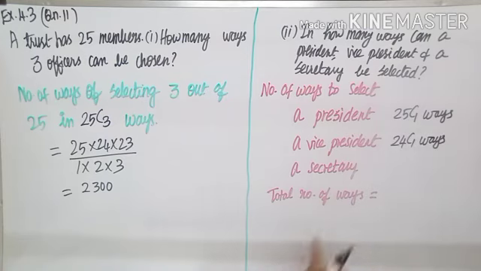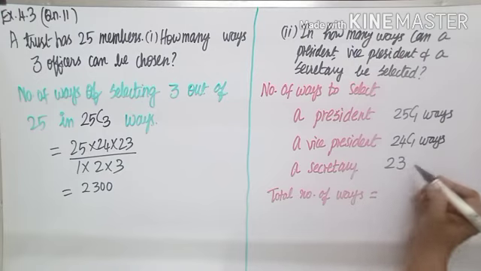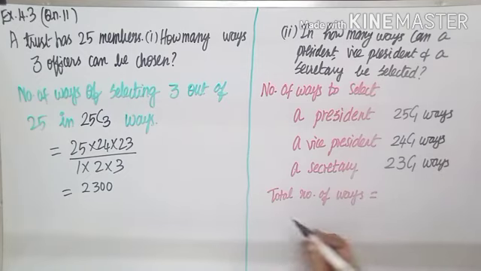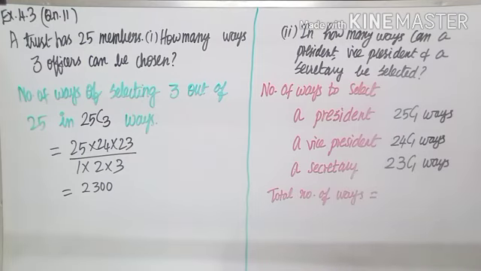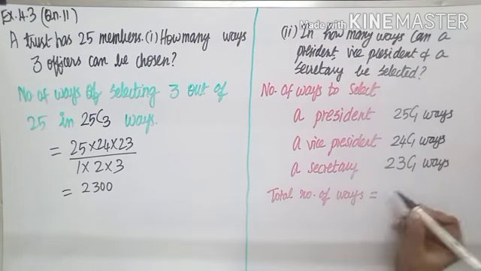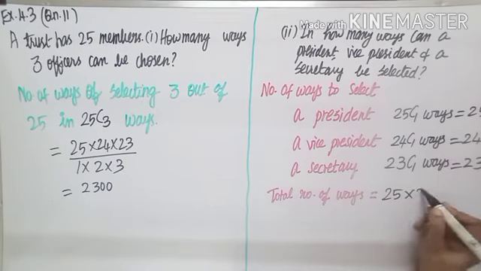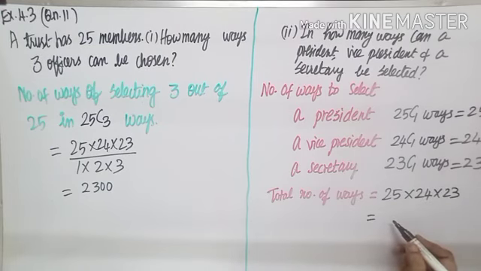Now out of the 25, the president and vice president are gone, so we are left with 23 people. From that we select a secretary in 23C1 ways. Multiply it all because we want the total number. We want a president, a vice president and a secretary. Whenever we have the word and, multiply. 25C1 is 25, 24C1 is 24, 23C1 is 23. Multiply 25 into 24 into 23, which reduces to 13,800, and that is the answer.